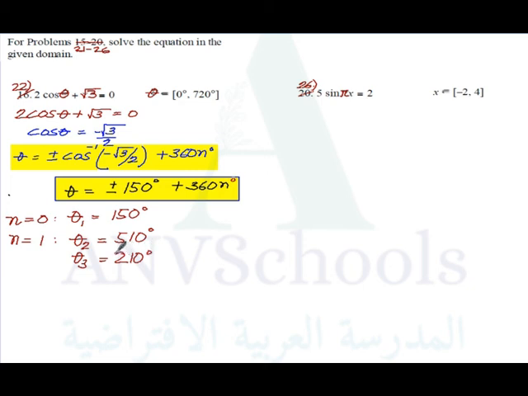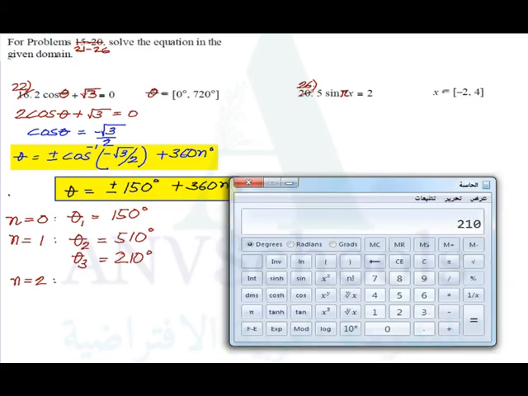Okay? For n is equal to 2, this becomes 720 degrees. Let's use a plus first, plus 150.